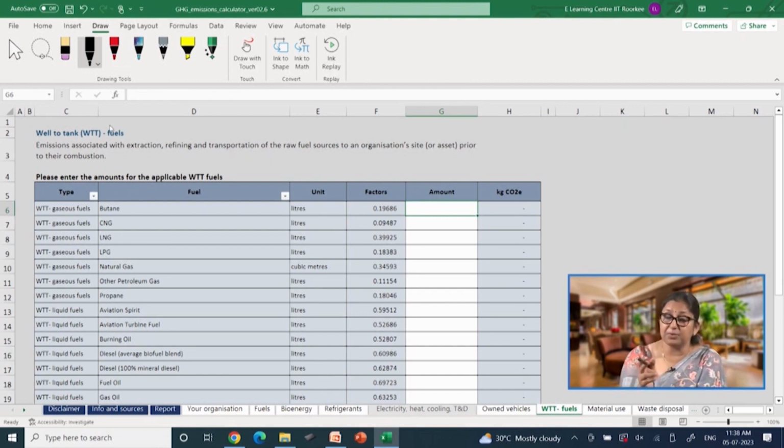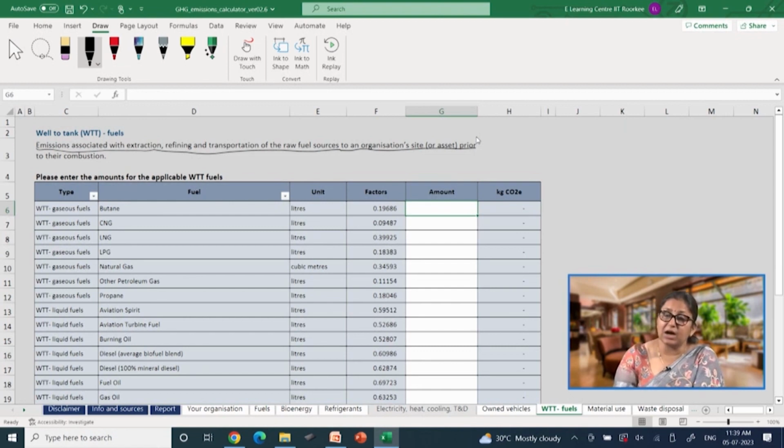There are other companies which are only distributors, they purchase the fuel in between, not from well to tank, but from the storage unit to the tank of the vehicle is what we are talking about. So, here we are talking about the emissions that are associated with extraction, refining and transportation of the fuel resources to an organization site.